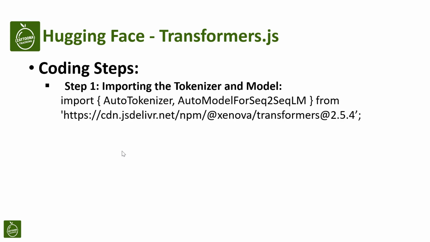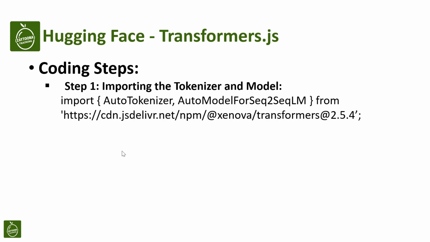Step 1. First, we bring in two tools from a library, the AutoTokenizer and the AutoModelForSeq2SeqLM. The Auto prefix in the names AutoTokenizer and AutoModelForSeq2SeqLM signifies their versatility and adaptability.